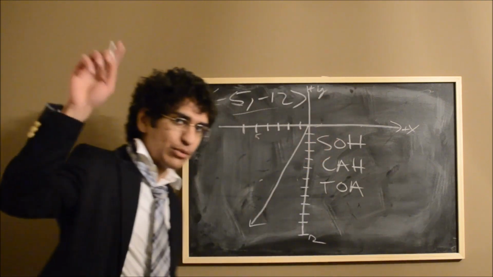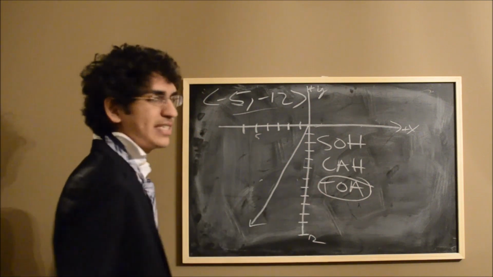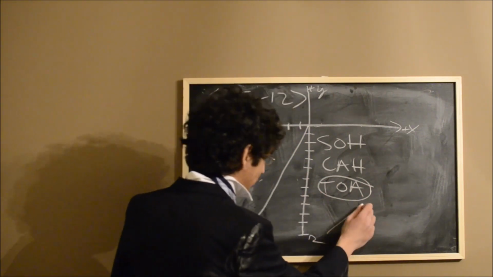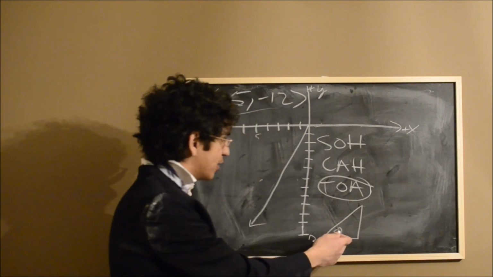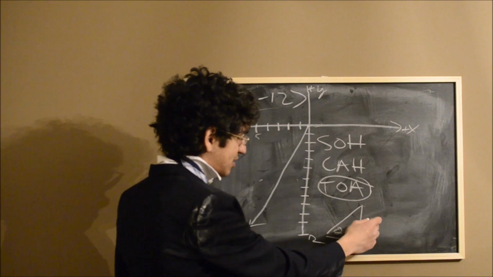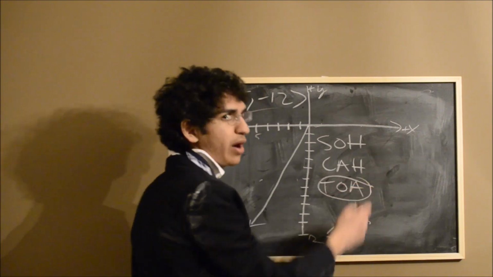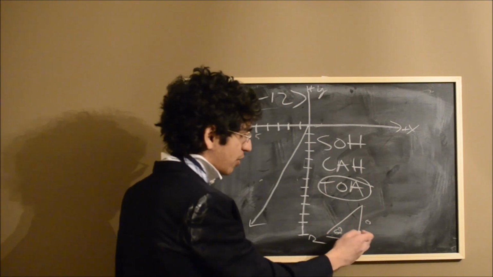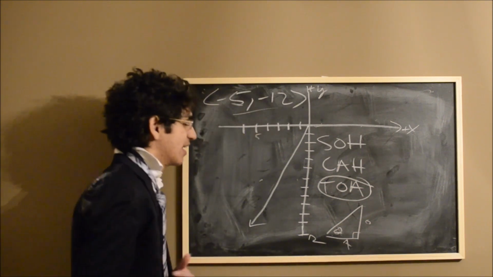Now, the one that really concerns us is this one right here. Because what this tells us is that in a right triangle, the tangent of an angle is the opposite side over the adjacent side. TOA. The tangent of an angle in a right triangle is the opposite side over the adjacent side.